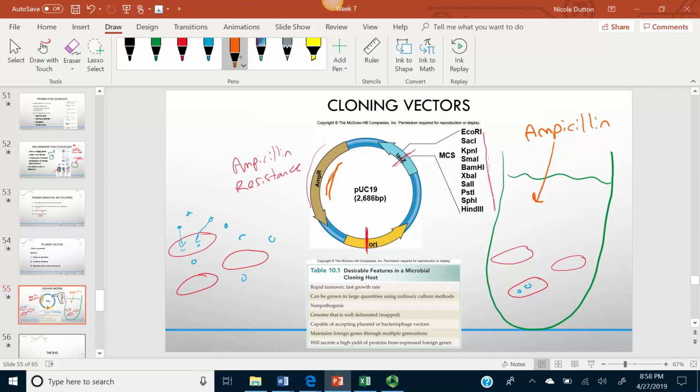So the ones that got the plasmid have the ampicillin resistance gene, and those are the ones that are going to survive. So as soon as you add ampicillin to the media, anybody that didn't get the plasmid is going to be killed, and the one that did get the plasmid is going to be alive. So the purpose of this antibiotic resistance gene is to select for the microorganisms that actually got the plasmid.